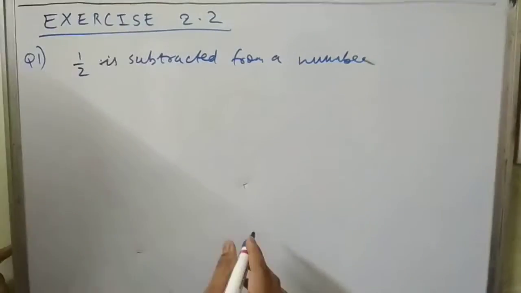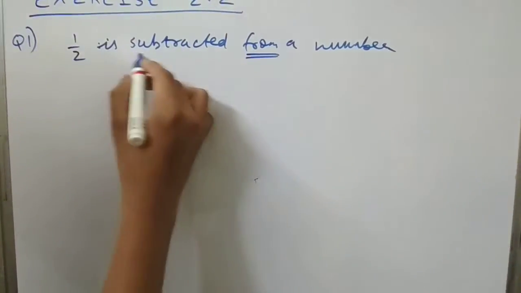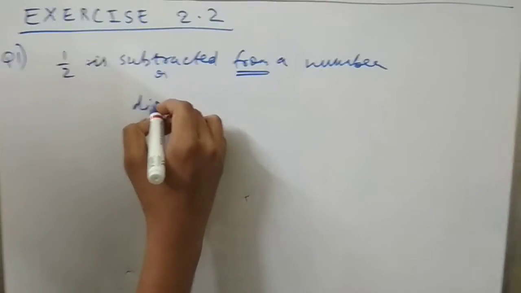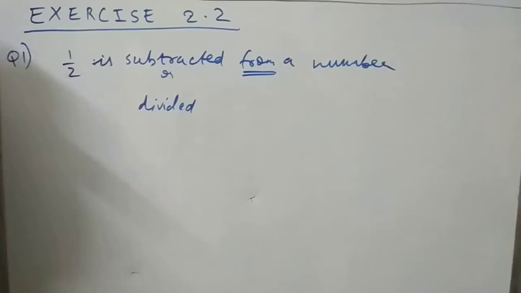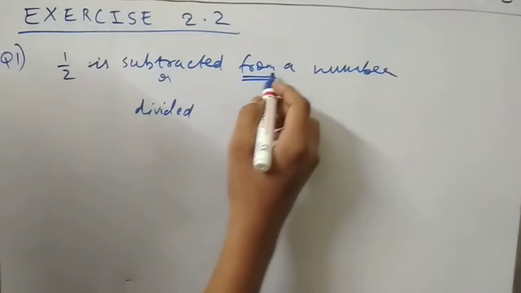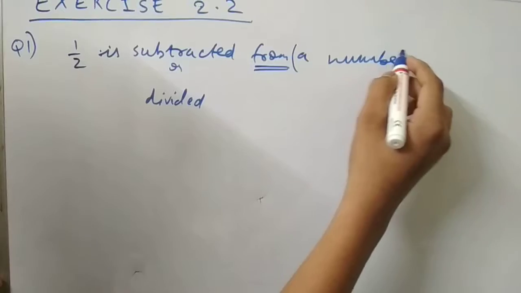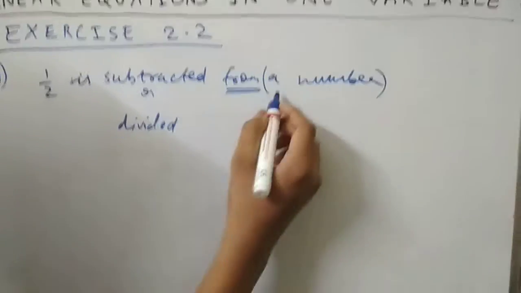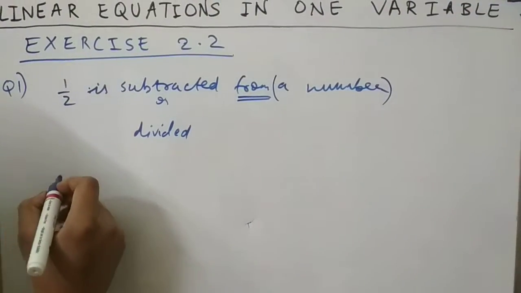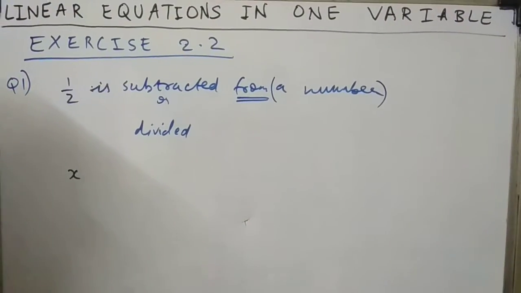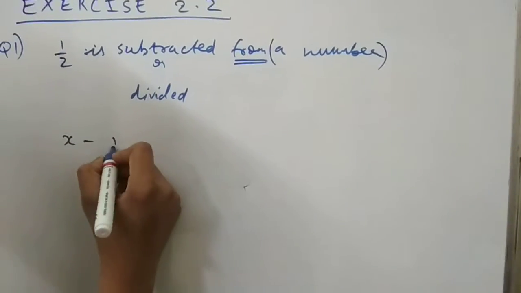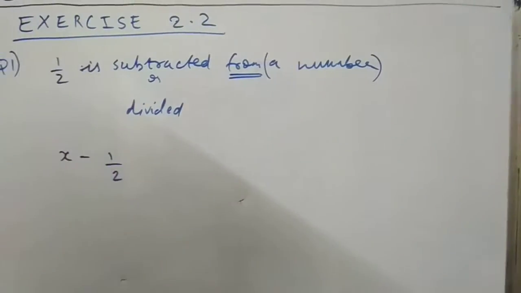Wherever you find the words subtracted from or divided from, the number after "from" has to be taken first, like this. Now here we don't know what the number is, that only we have to find. Let's take the number as x. So 1 by 2 is subtracted from x: x minus 1 by 2.